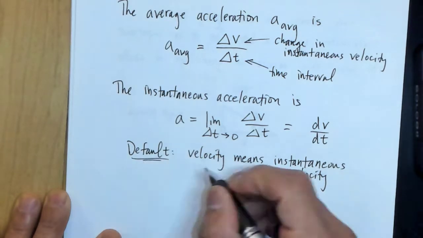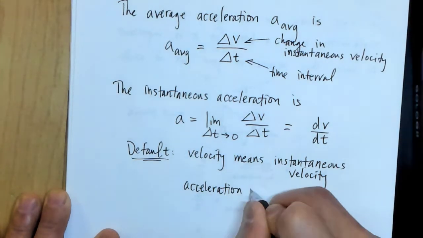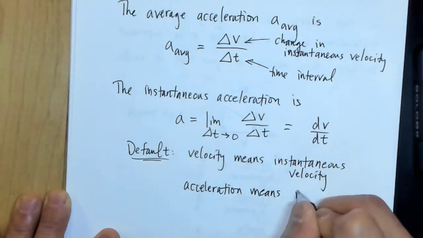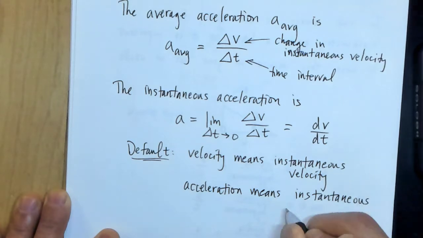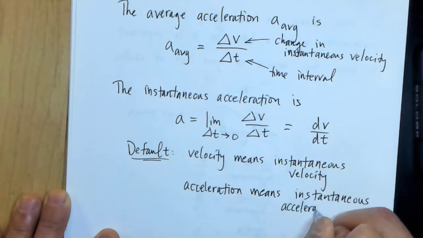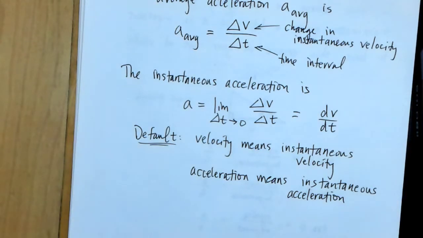And the default for acceleration is that acceleration means instantaneous acceleration. Okay, questions about this? Everybody's following so far? Not too fast? Maybe a little too slow, but at least not too fast? Okay. All right. Now let's go on.